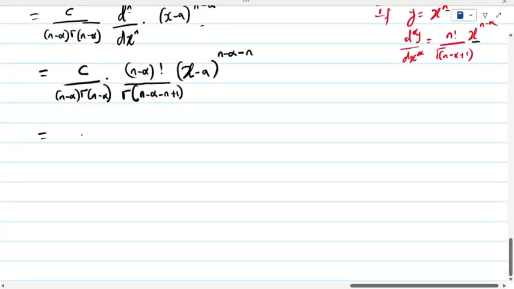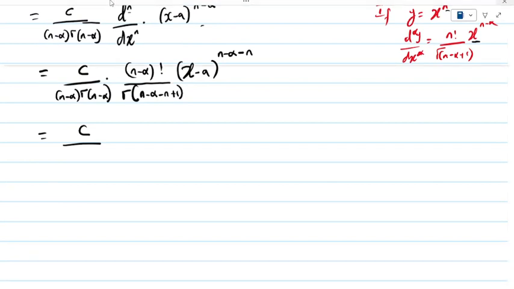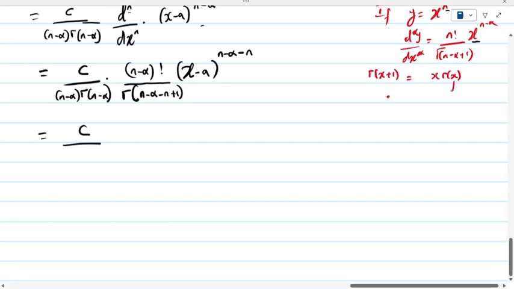So here we have c over. Also take note that in our gamma properties, we have gamma x plus 1 equals x gamma x. So if we extend x to be n minus alpha, that means we are going to have gamma n minus alpha plus 1.